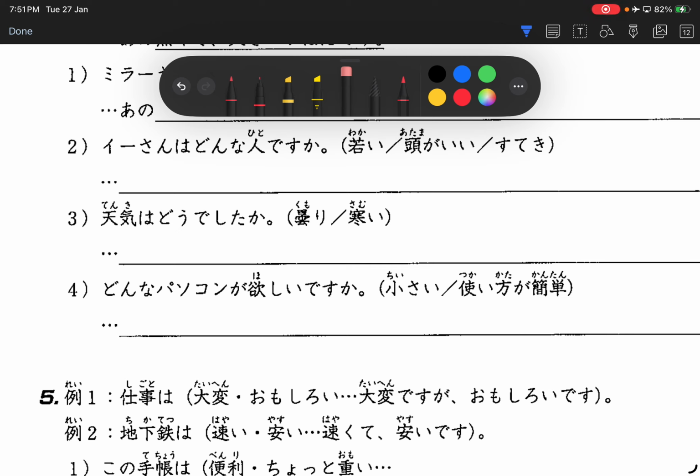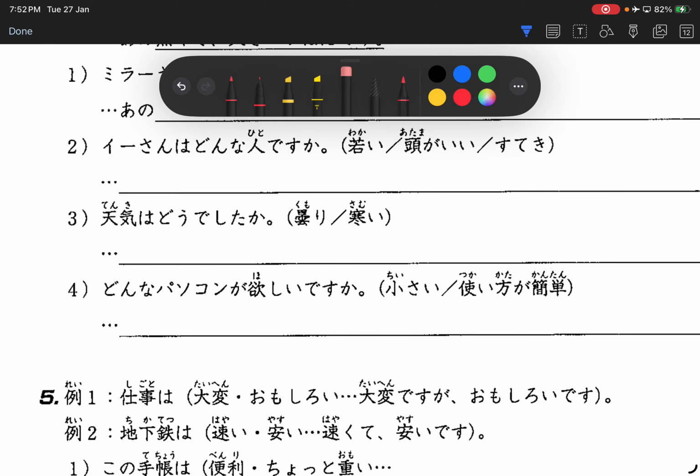No, wrong. Yes, remember. Noun. Remember we have ame. Ame de. So 曇りで寒いです。Remember? We need to go back to the textbook. Kumori de, ame de.